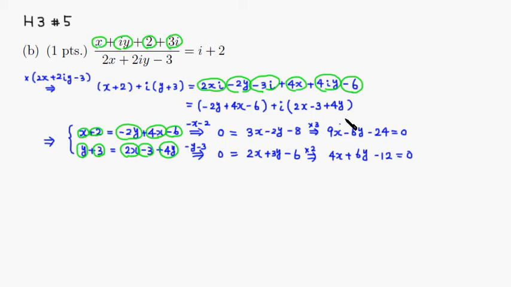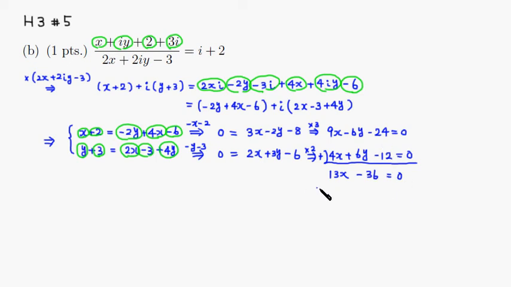The reason we did that is we now have a negative 6y and a positive 6y, so we can add these two equations together to eliminate the variable y. 9x plus 4x is 13x, the y terms cancel each other out, negative 24 plus negative 12 is negative 36, and 0 plus 0 is still 0.